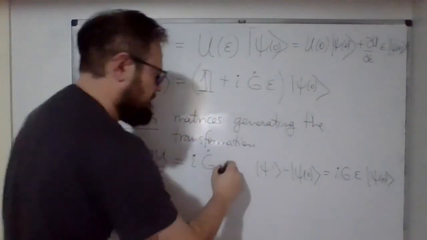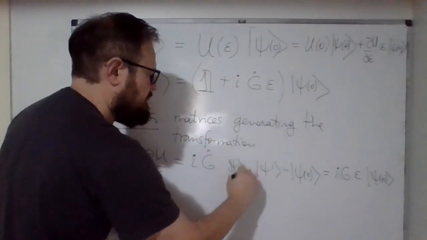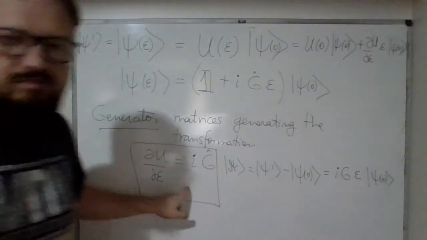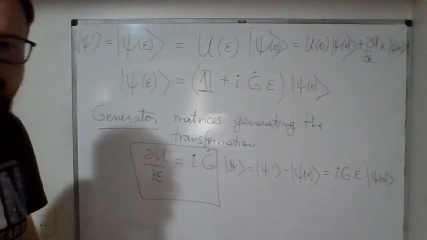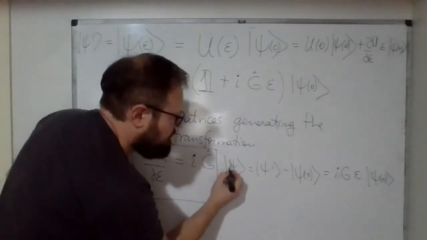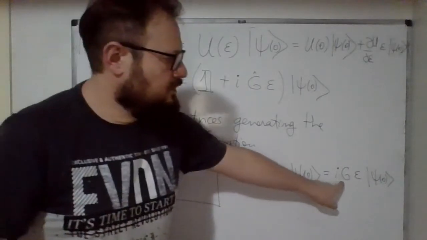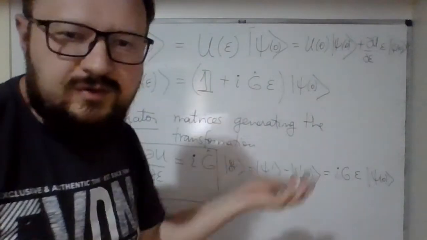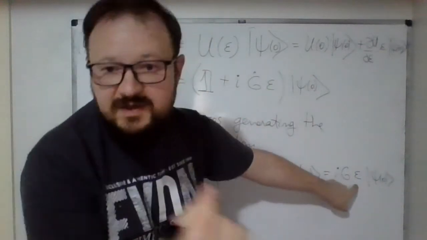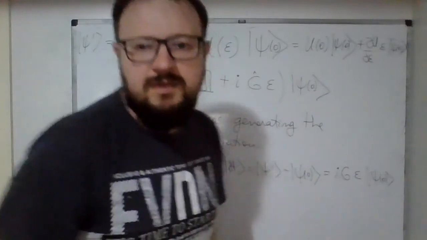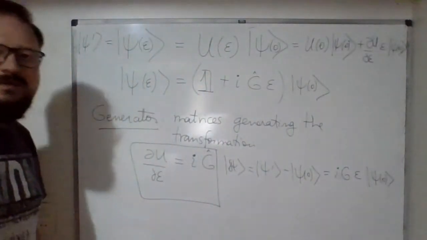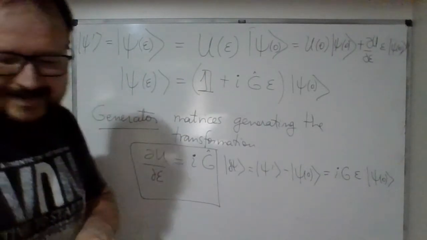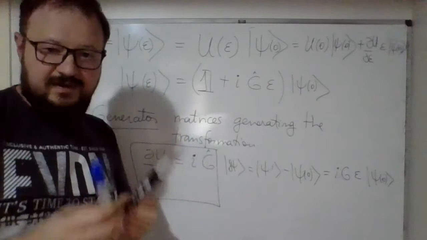So this is the delta of the transformation. And this is a very interesting relation here. Okay, so the delta psi corresponds to the derivative of the transforming operator times an infinitesimal epsilon times the original. So your transformed object is, of course, nearly parallel for an infinitesimal transformation.